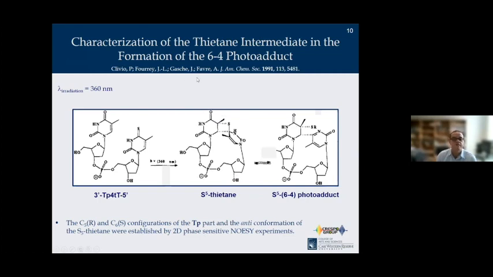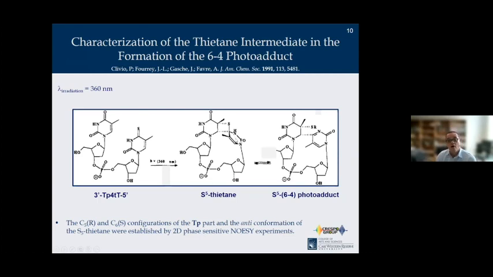And so they were able, as shown in this paper, to show that this reaction occurred through this thietane intermediate, and that this then rearranged to form the analog of the 6-4 photoproduct, where now instead of an oxygen, you have a sulfur atom.